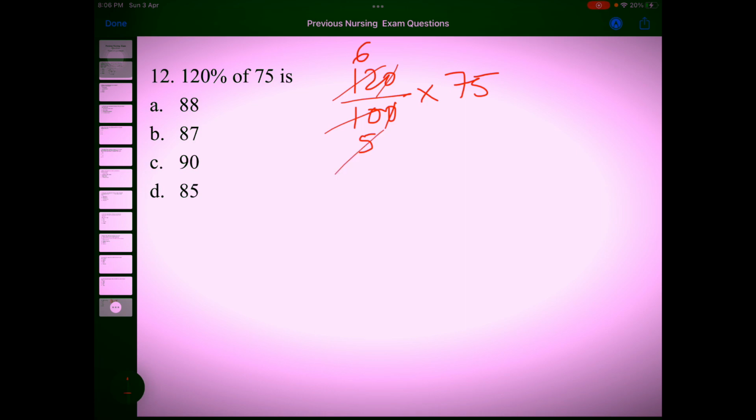Then 5 divided by 5 leaves 1, and 75 divided by 5 is 15. So 6 multiplied by 15: 6 times 5 equals 30, carry 3, 6 times 1 is 6, plus 3 equals 9, so 90. The correct answer here is option C, that is 90. 120% of 75 is 90.